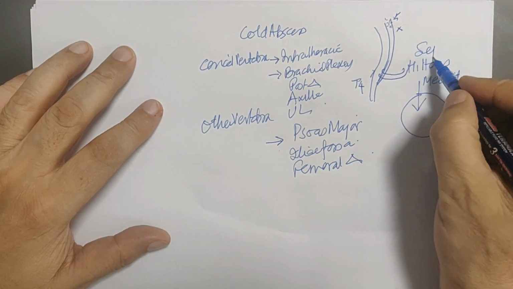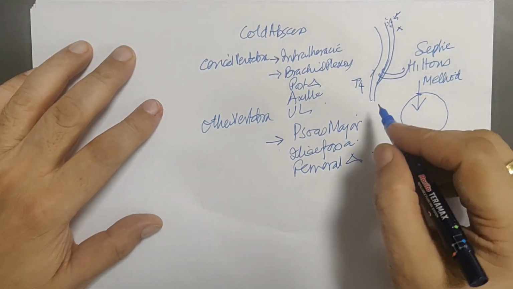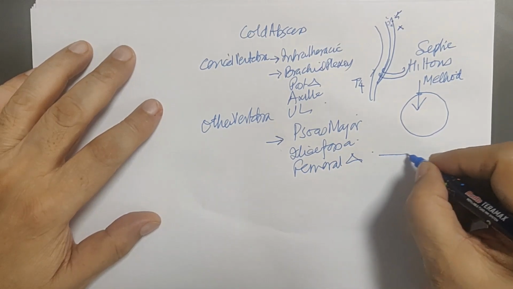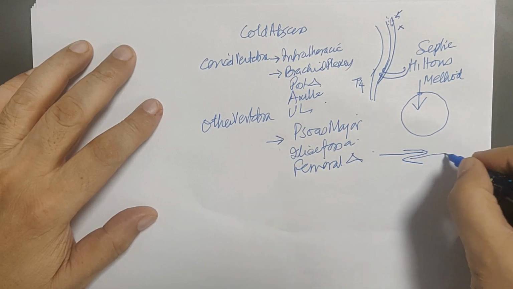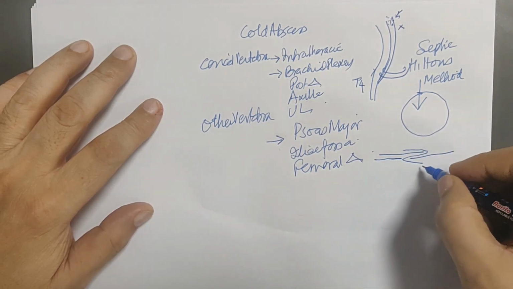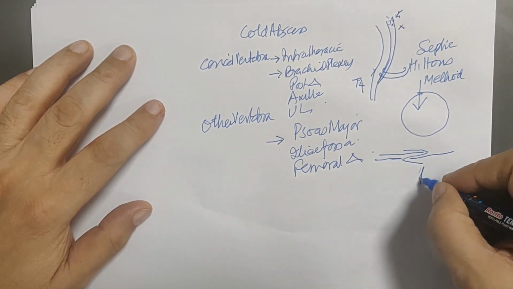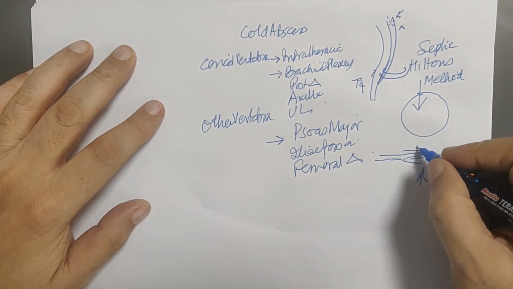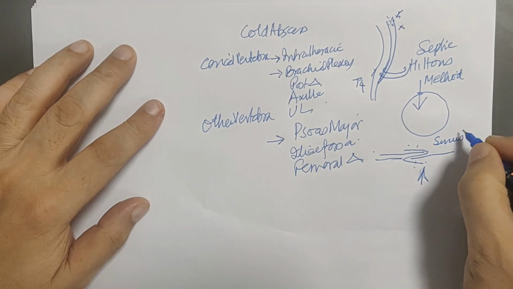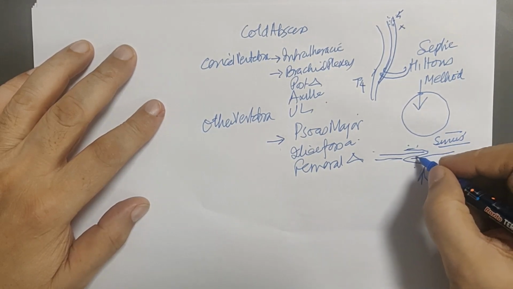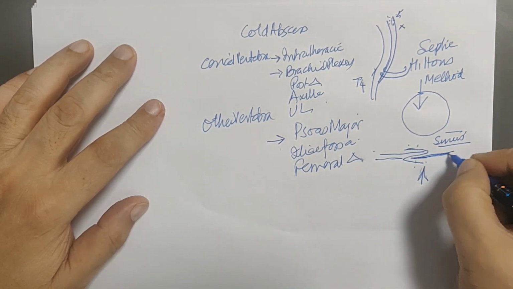So this is for septic arthritis. But if there is a cold abscess, then you have to go like this in the tissue, so that the pressure of the abscess collecting automatically closes the tract. Otherwise you will have a sinus. So you have to create a valvular mechanism.